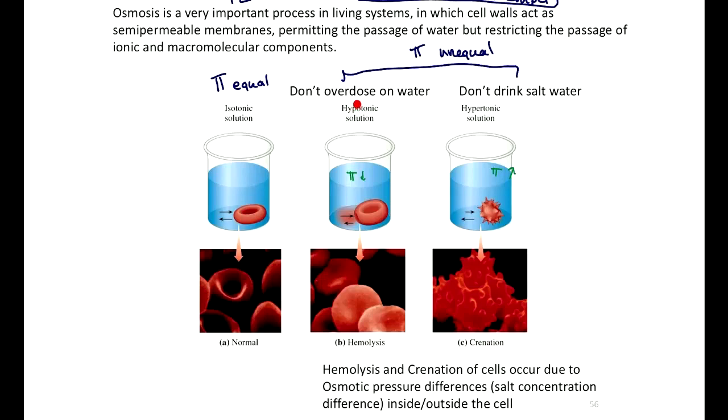So this would be an example of drinking way, way too much water, which is a concern for athletes, marathon runners who are constantly drinking water, all right? When you're running a marathon, you can drink water, but what do they also give you in those long races?